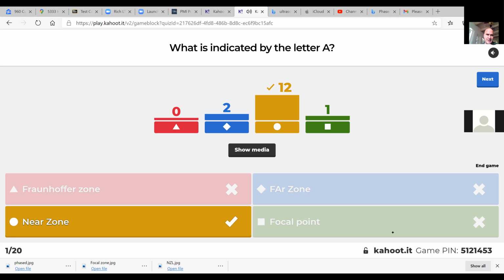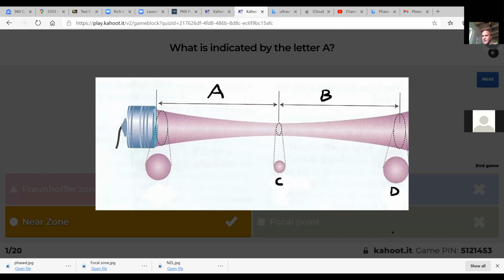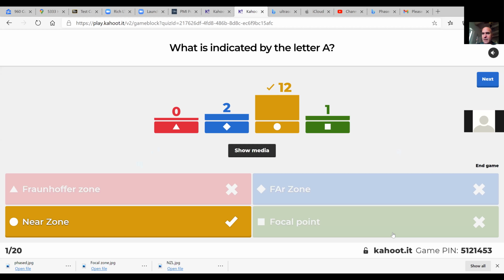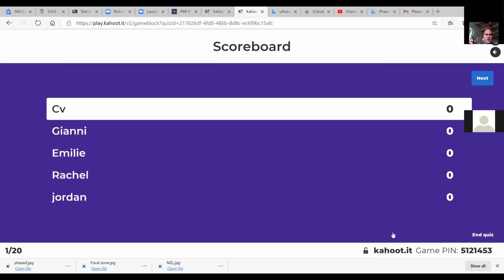Most of you got the near zone. Yes, so everything from the transducer face to, well, I'm just going to say that point for now. You all should know what that is, but I'm just going to say that is the near zone, also called the Fresnel zone. All right, next one.